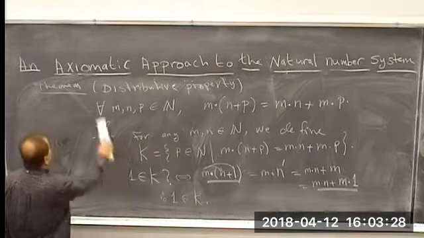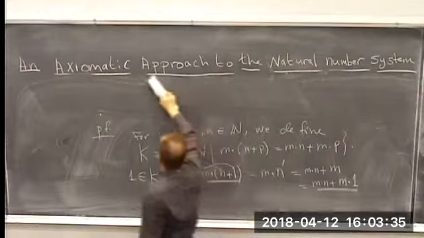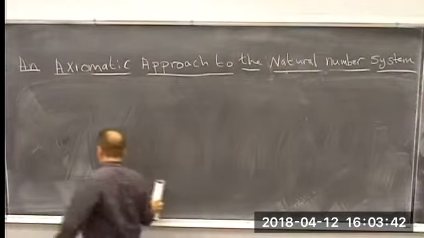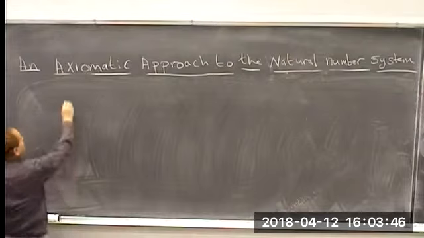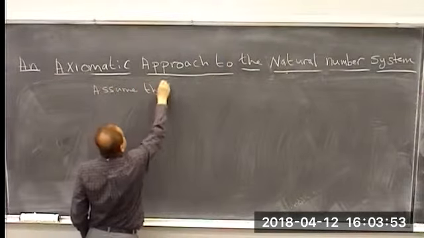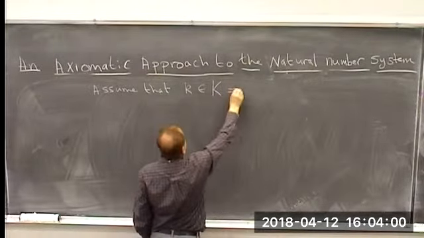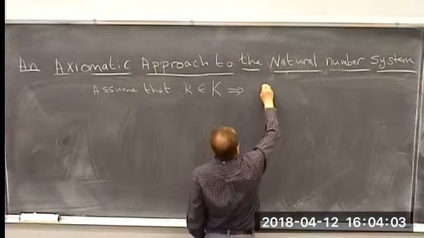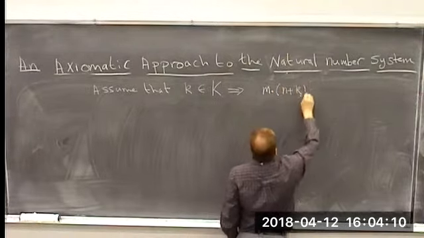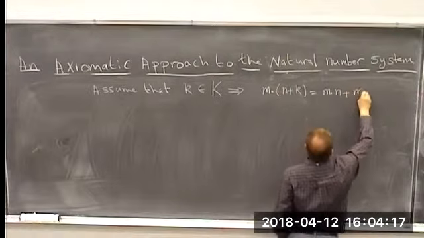The next thing we want to do is to show that if k is in K, then the successor of k is in K. So assume that k is in K. Again, this implies that we have m times n plus k is equal to m times n plus m times k.